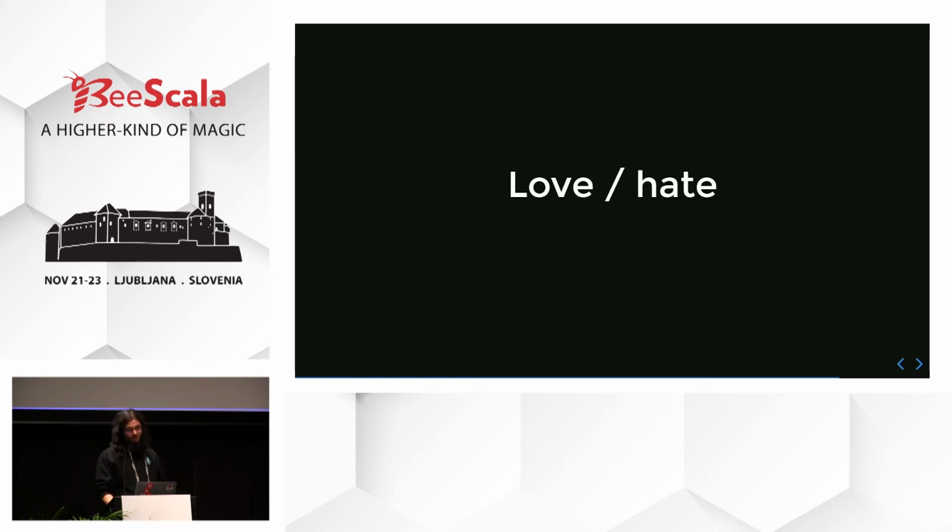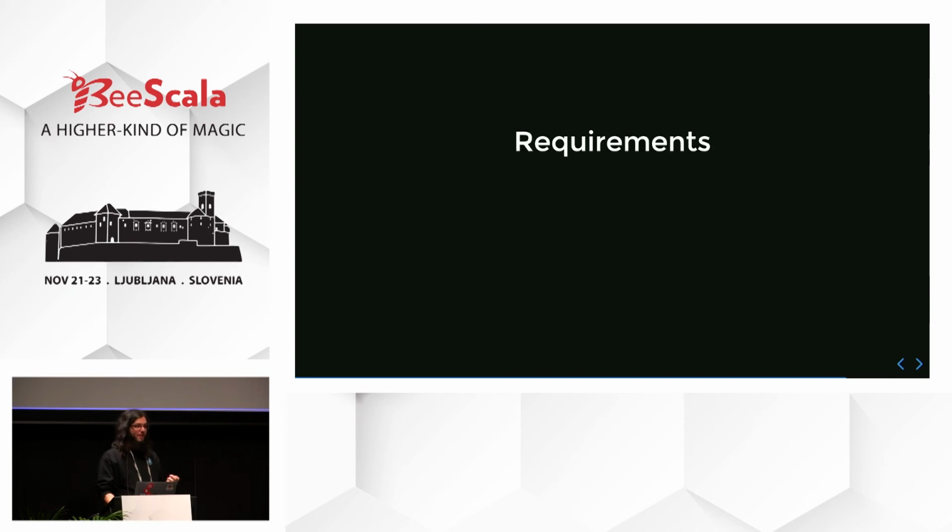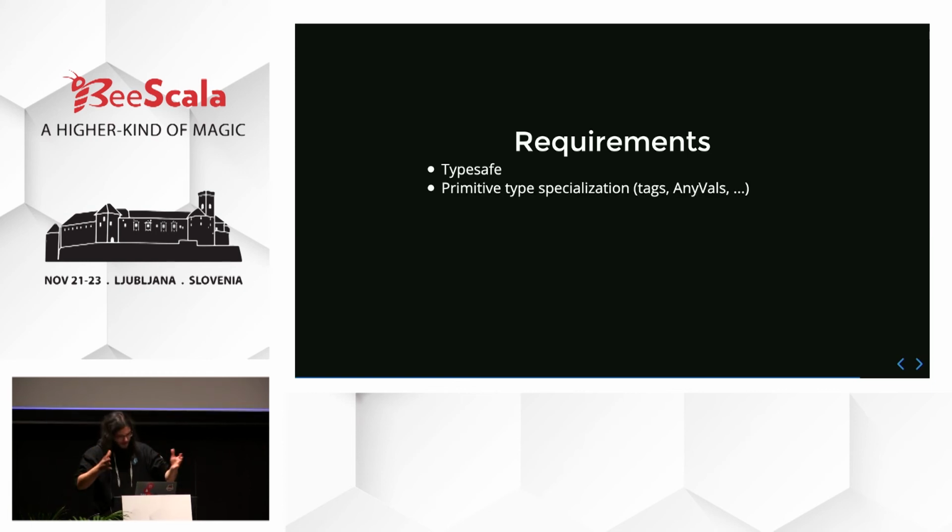And since this gave me quite a bit of anger sometimes while building it, I thought, well, can I actually do away with something? What would I actually want to get out of this project? So I thought, well, type safety is the thing, right? That's what got me in the first place, and that's what I want to get. And not just regular type safety. I want to be able to specialize the primitive types that I have.